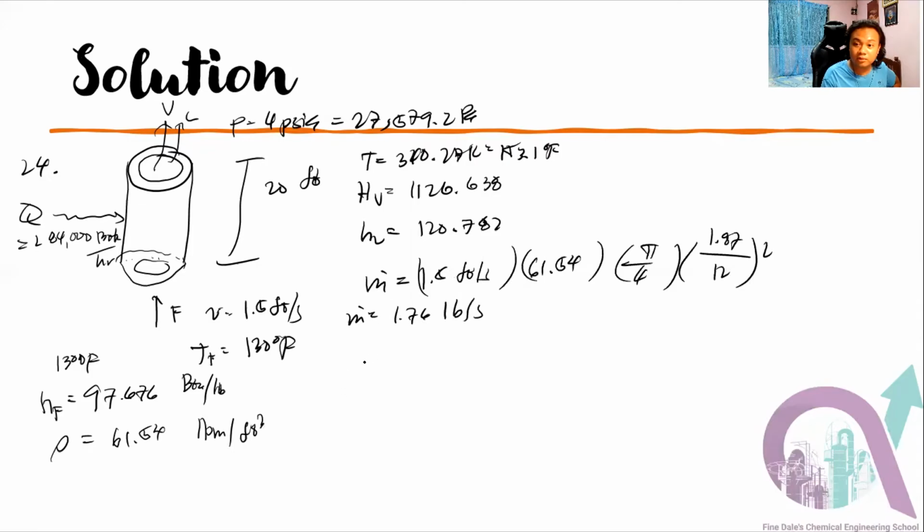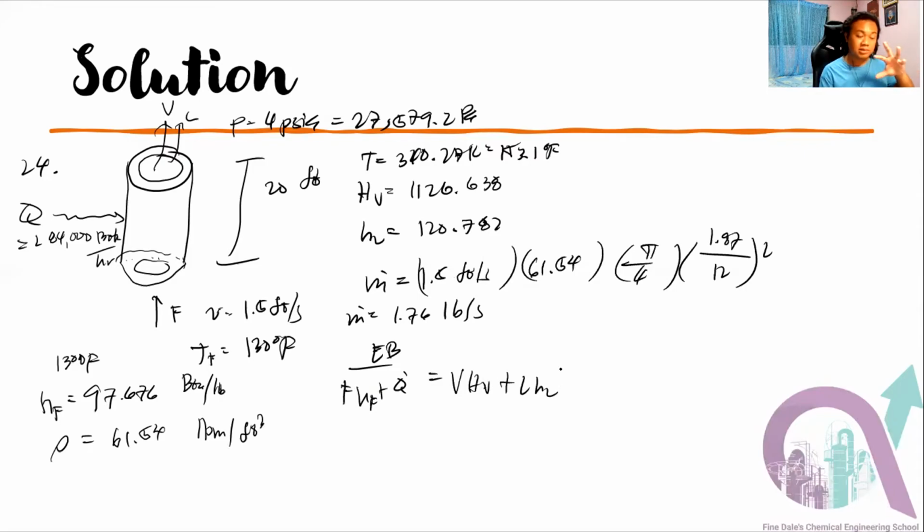So now we'll go to the heart, which is the energy balance. So you have your FHF plus the Q, equals the leaving VHV plus LHL.